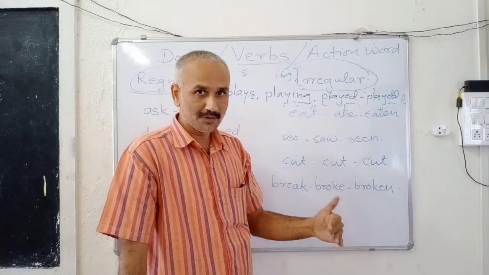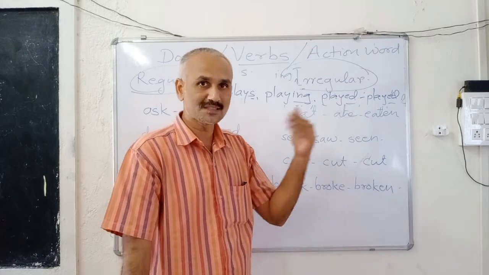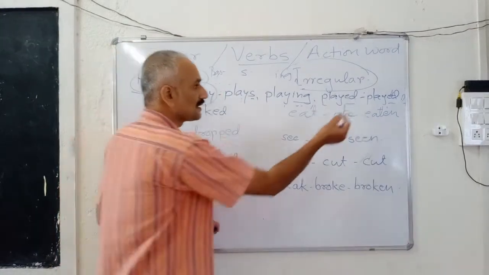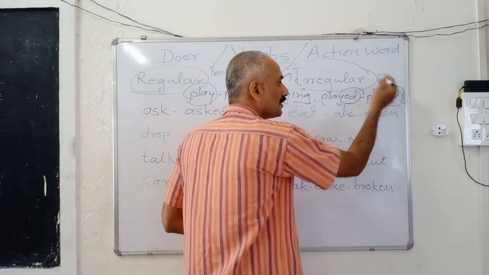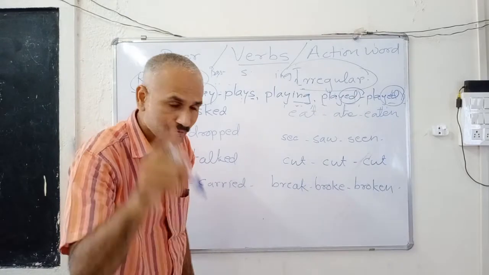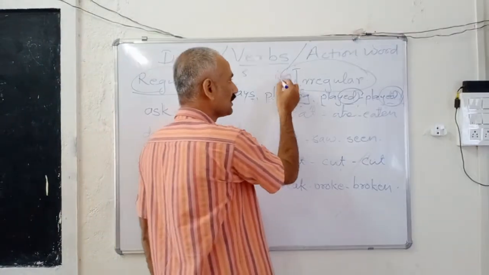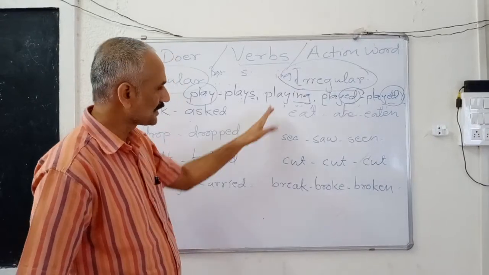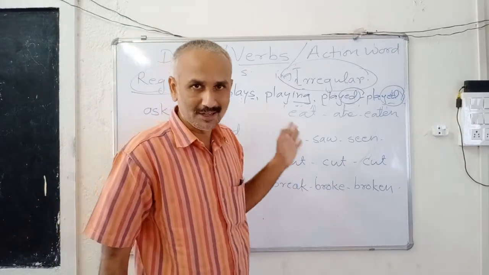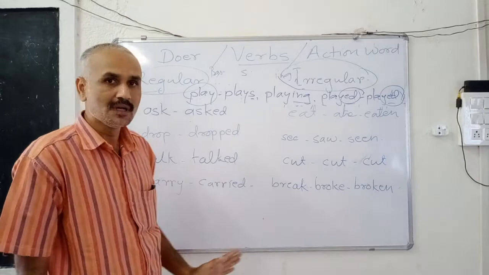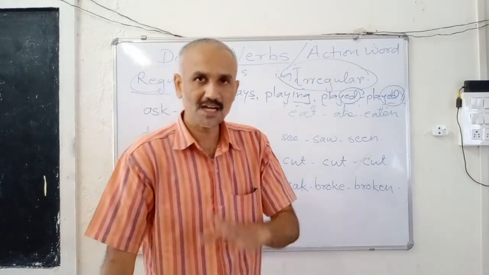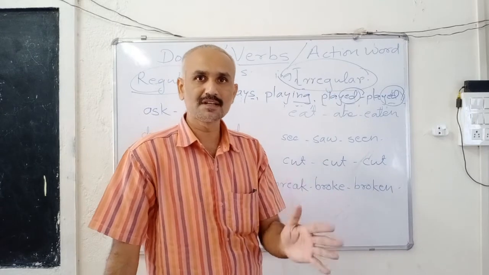But if you are converting the verb from past to past participle and the pattern of ed is not followed, in that case you can call it an irregular verb, and all these are irregular verbs. There are many more verbs which are irregular and regular. These are just examples for your sake. I hope you understood the regular and irregular verb.